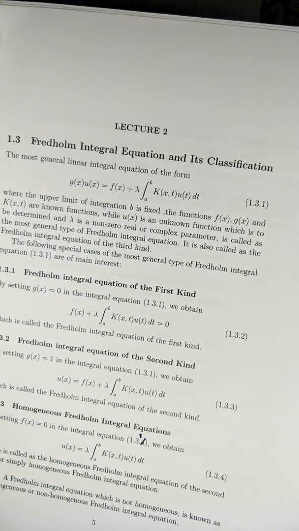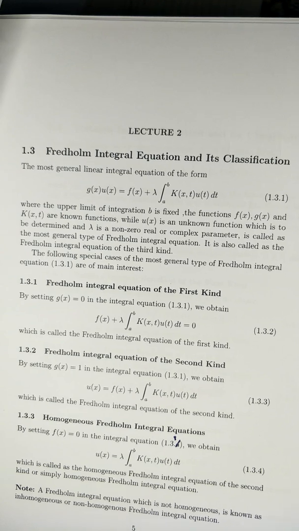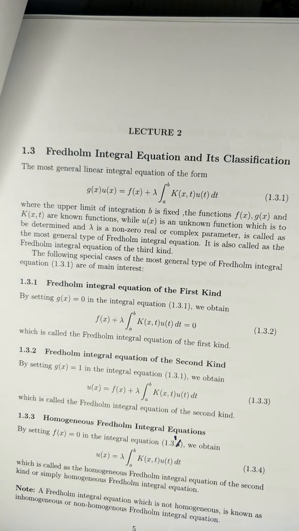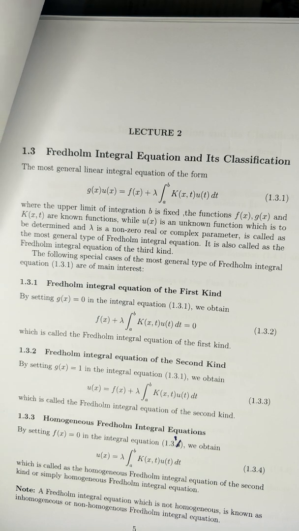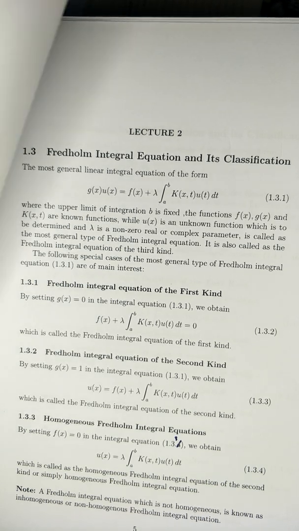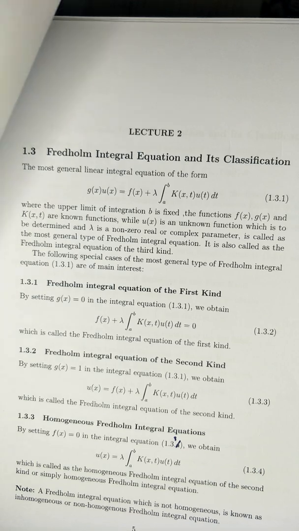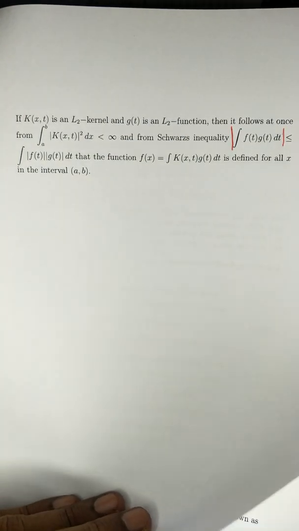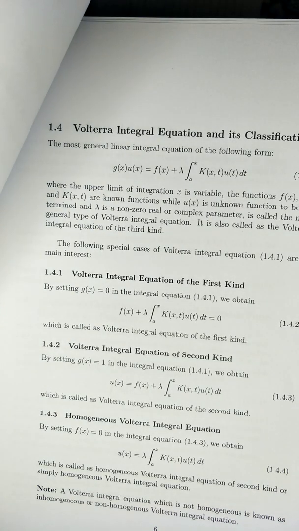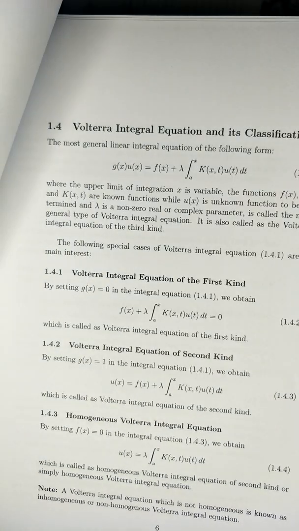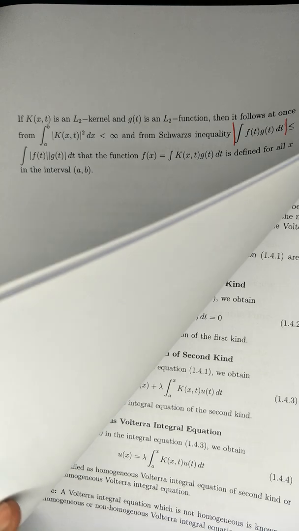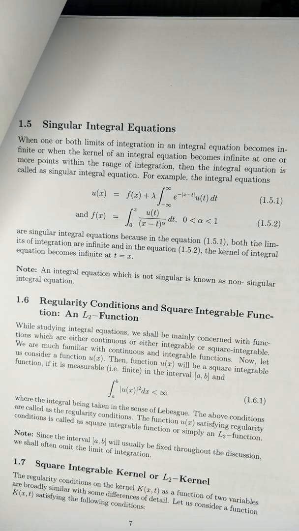So that's all for this video. Let me recap what I have defined in this lecture. We classified the Fredholm integral equation of the first kind, second kind, and homogeneous Fredholm integral equation, as well as the Volterra integral equation of the first kind, second kind, and the homogeneous Volterra integral equation of the second kind, and also the singular integral equation.